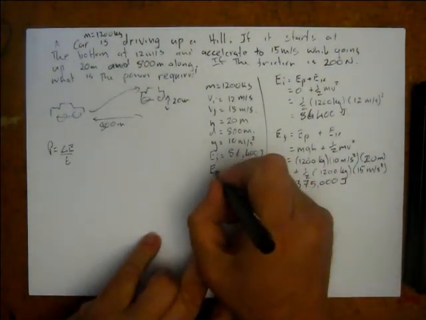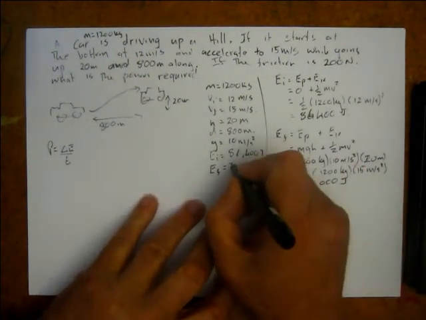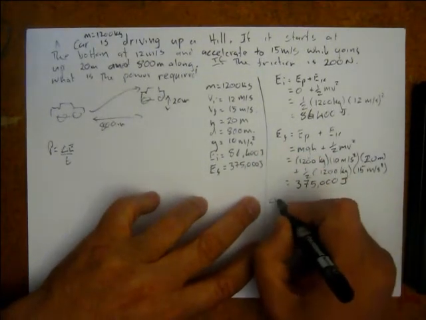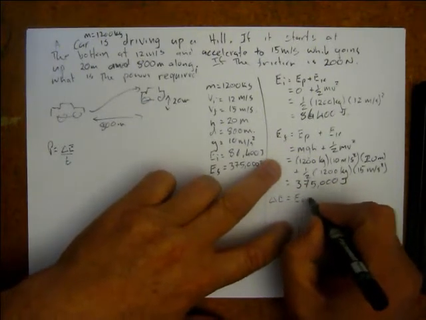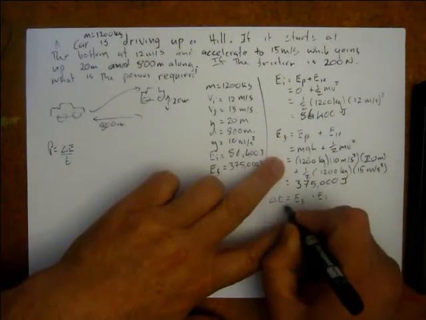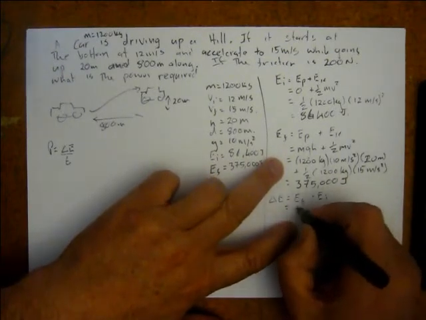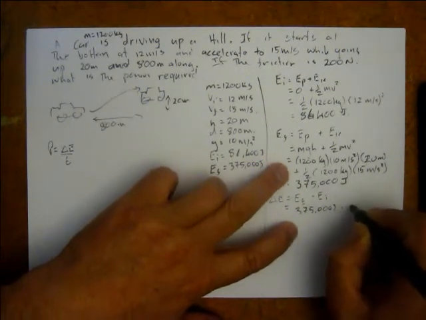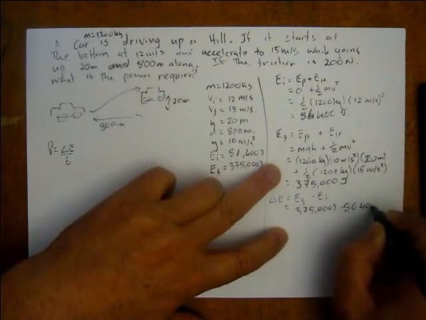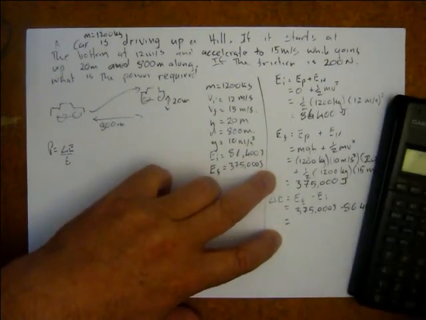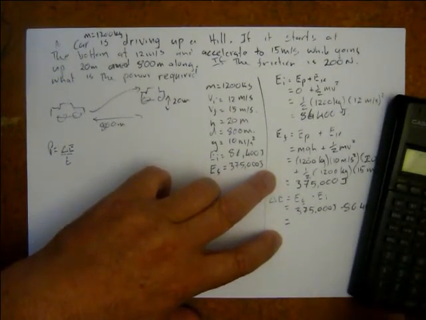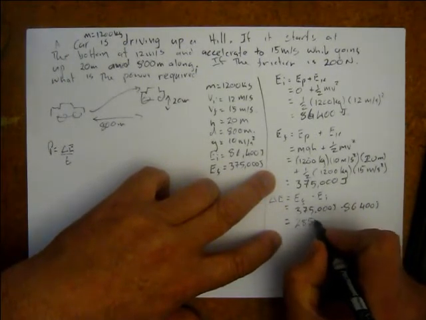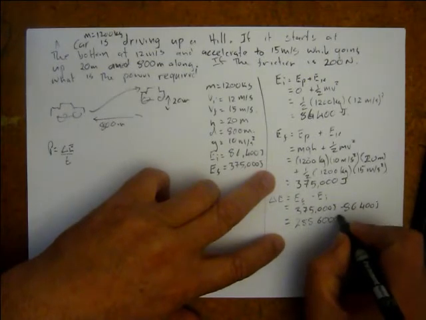The E final equals 375,000 joules. So change in energy equals E final minus E initial, which equals 375,000 minus 86,400 joules, which equals 288,600 joules.